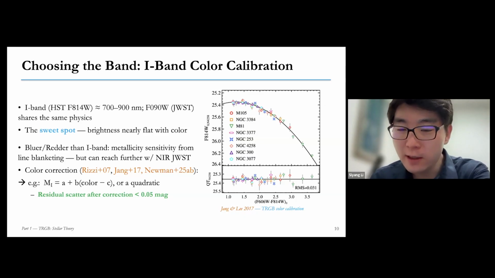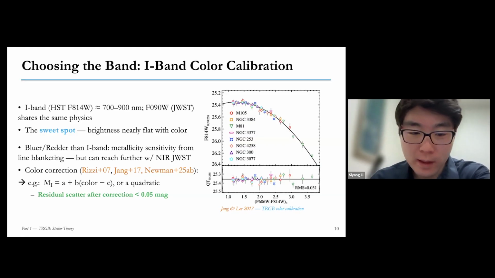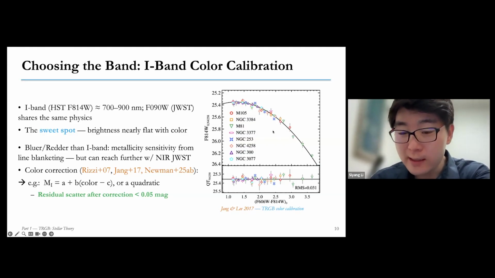And essentially, many people choose that filter because as you go to redder colors or redder filters, this metallicity dependence becomes steeper. What I'm showing here on the right is a plot from the Zhang and Li 2017 paper who had calibrated the color relation for the TRGB here in the F814W band.